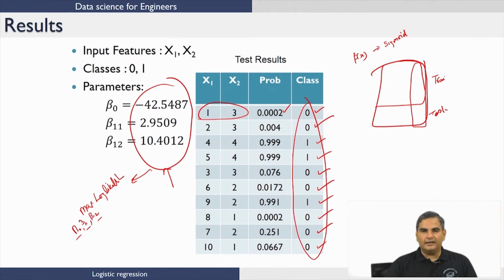Ideally, you would like to use some portion of the data to build the classifier, and then retain some portion of the data for testing, because the labels are already known for it. If I give this portion of the data to the classifier, it will come up with some classification.